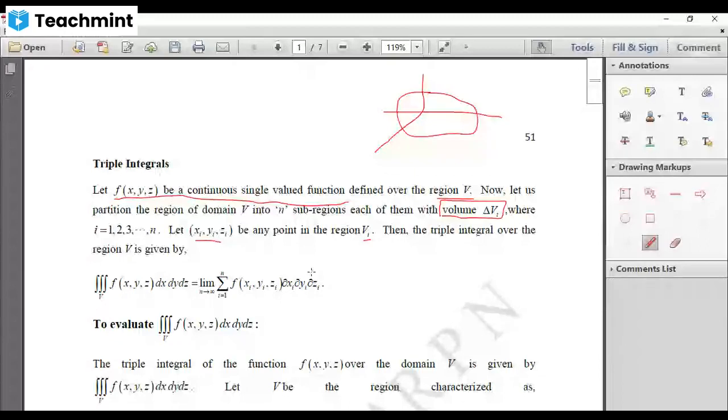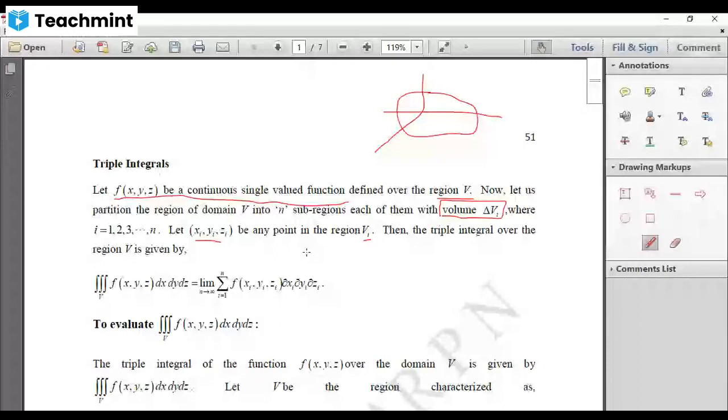then the triple integral is nothing but the integral sum, summation i from 1 to n of f of xi, yi, zi into delta xi, delta yi, delta zi, and taking the limit as n tends to infinity, so that the diameter becomes 0.